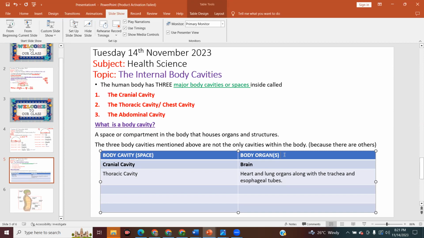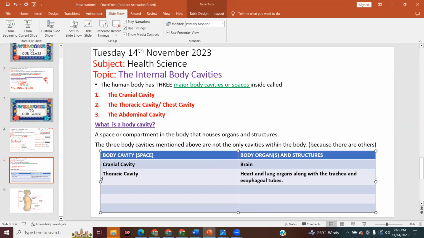I guess we could say body organs and structures just to make it precise. All right, so we have the heart, the lungs, the trachea, the esophagus in the thoracic cavity.